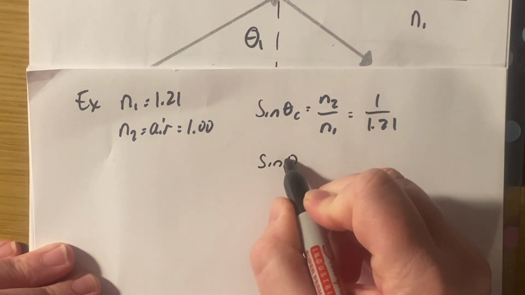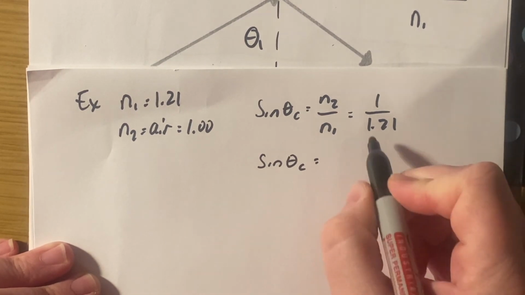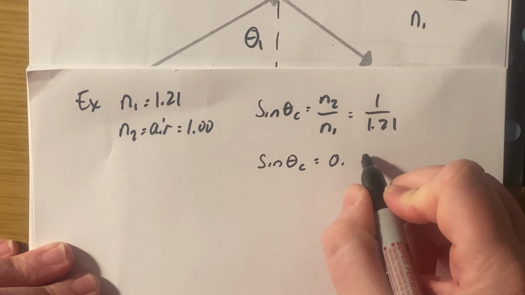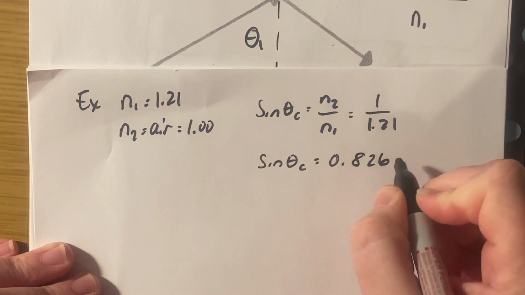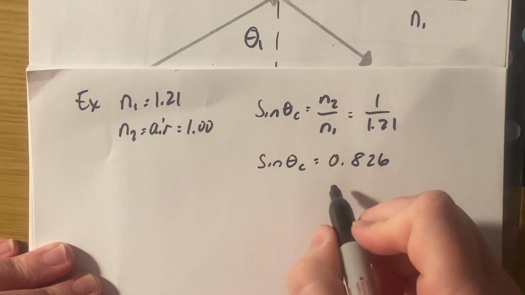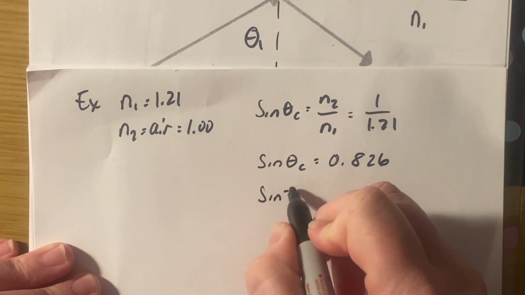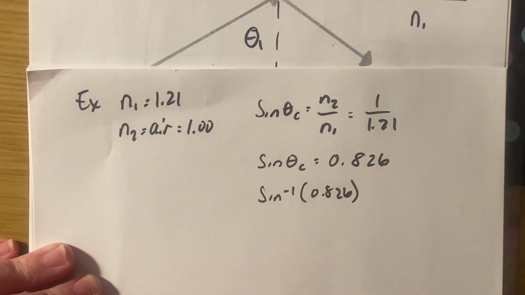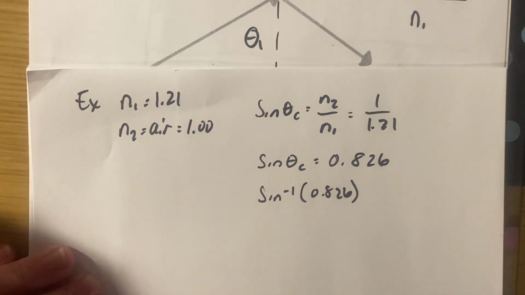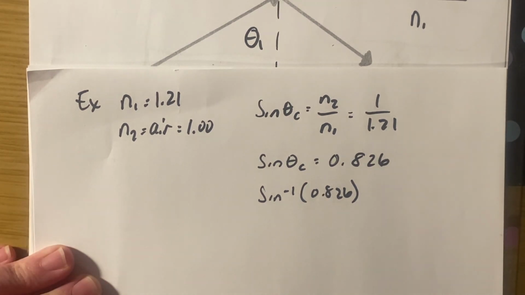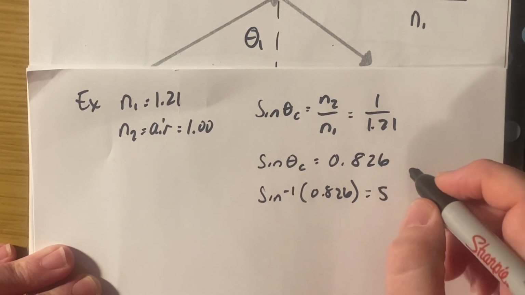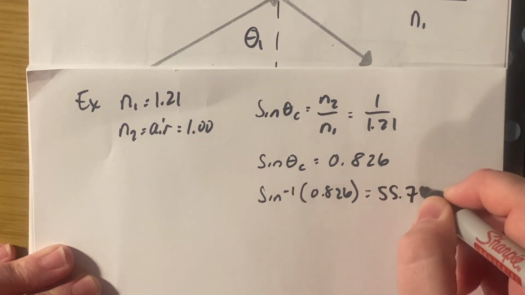And so when we do that, sine theta C is going to be equal to 0.826. And so we'll take the inverse sine of that. And on your calculator, you can just do inverse sine of your answer. And so when you do that, you end up with an answer of 55.7 degrees. And that ends up being your critical angle in this situation.